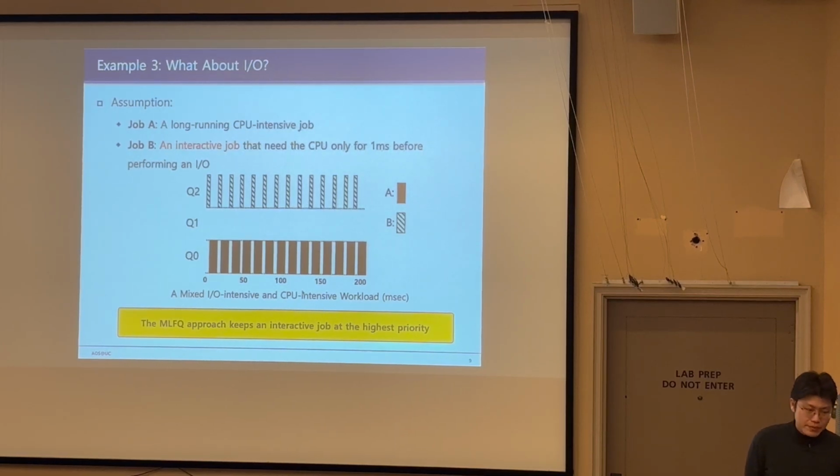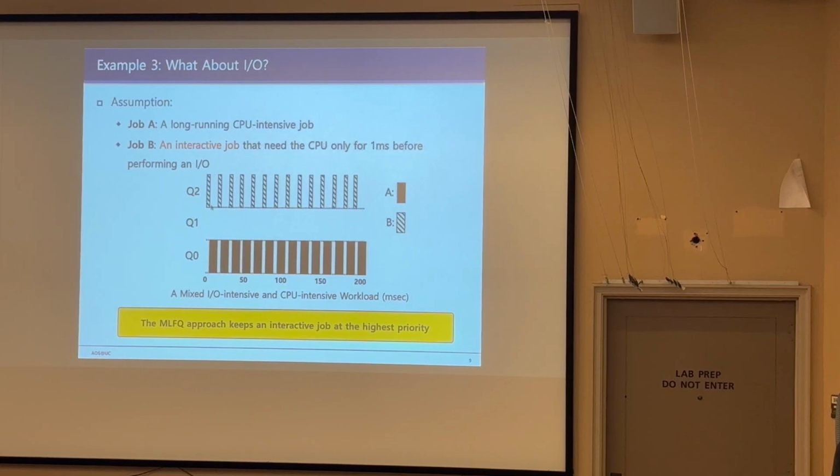What about I/O? In this case, we have a slightly more complicated example. Job A is a long-running CPU-intensive job. You can see that it has already dropped to the lowest priority. The duration of its CPU burst is also longer. The blank in between its CPU bursts, you can consider as I/O.